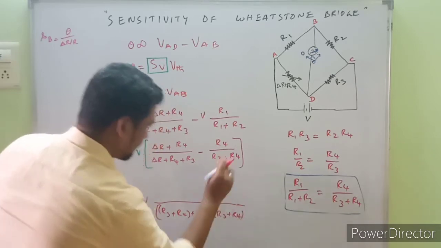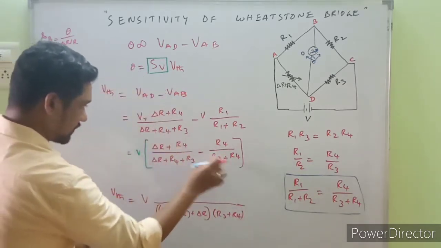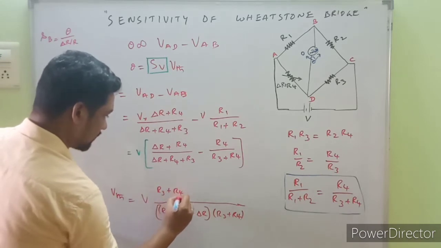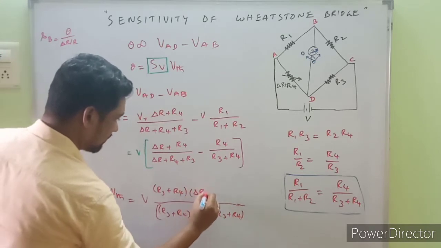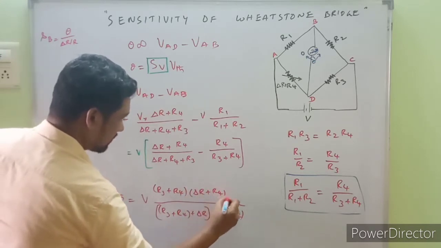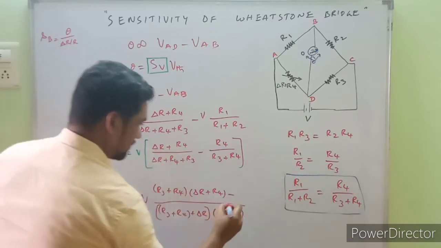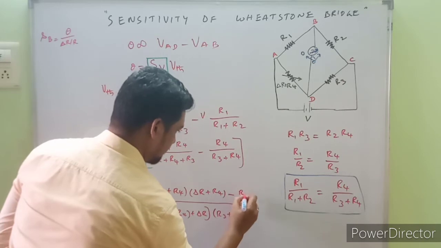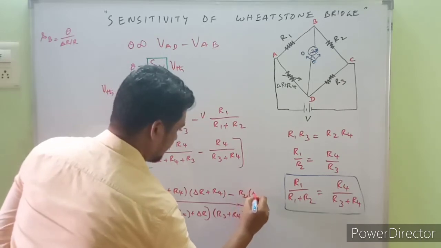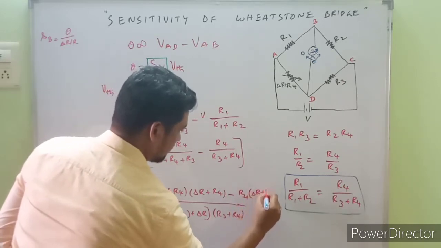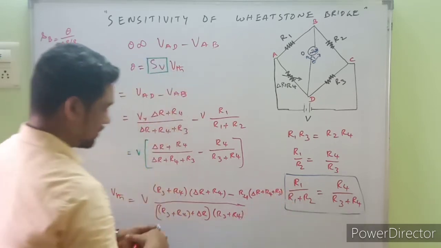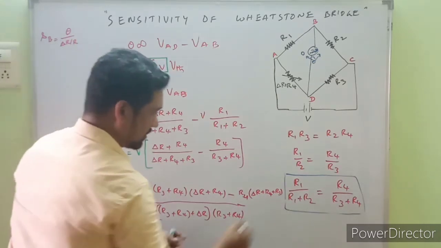Cross multiplying, this into this, R3 plus R4, is R4 into del R plus R4, minus this into this, which is R4 into del R plus R4 plus R3. Don't get confused, this is the one. We have a division, which is entirely different.